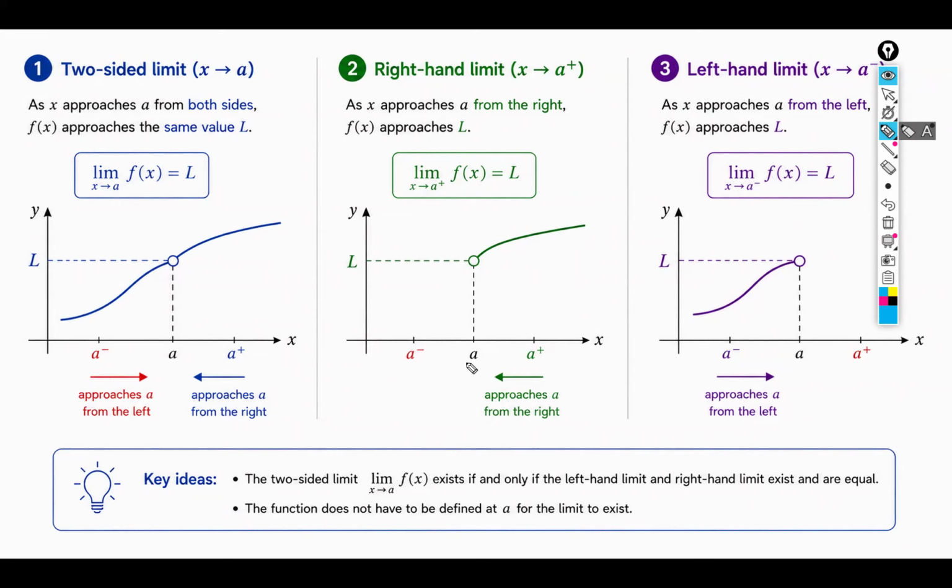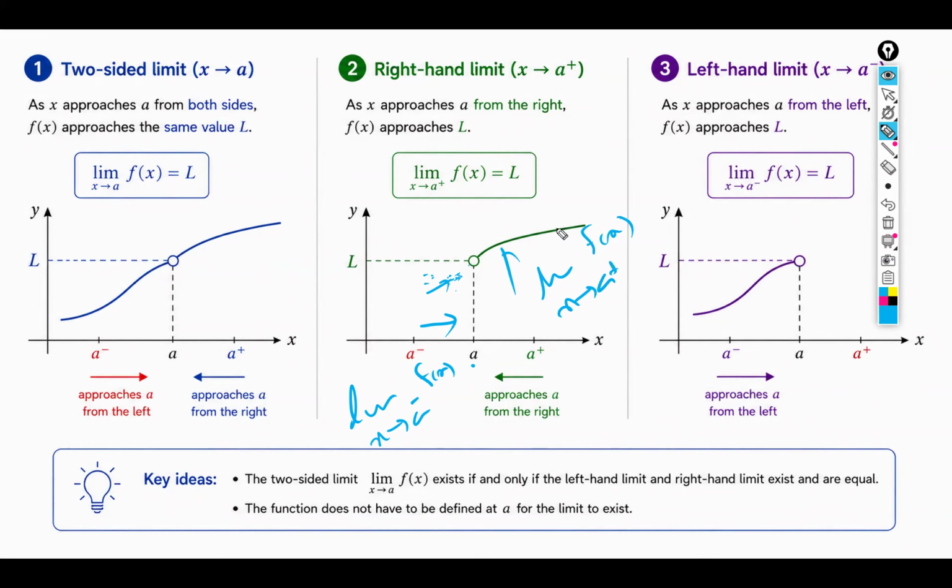Maybe my domain starts from A. It is not defined lesser than A. So from this side you can't reach, because there is no definite value here lesser than A. So you can't take the limit as x tends to A minus of f(x), because this function is not defined below A. But bigger than A, it's defined, because A is your point. So then you have this limit, x tends to A from the positive side, f(x).